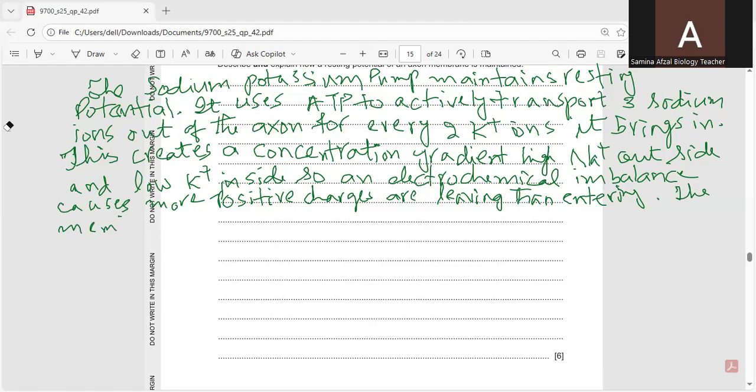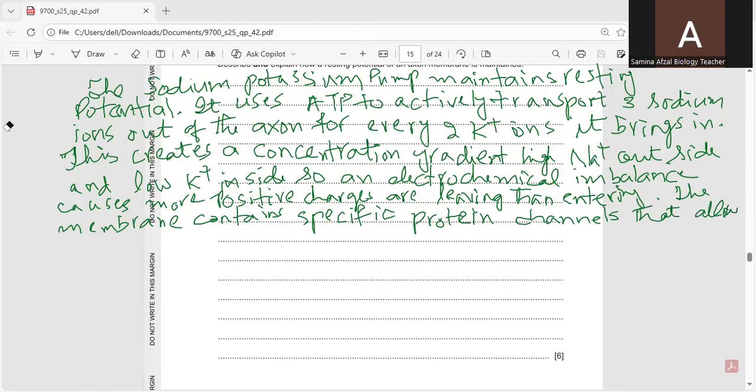The membrane contains specific protein channels that allow ions to leak back across the membrane down their concentration gradient.